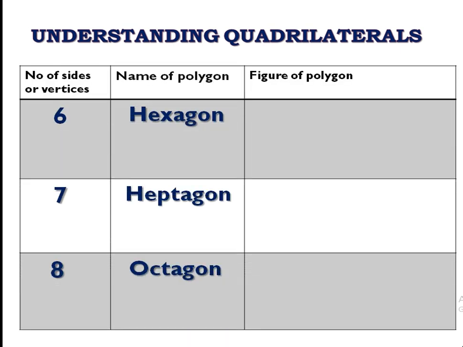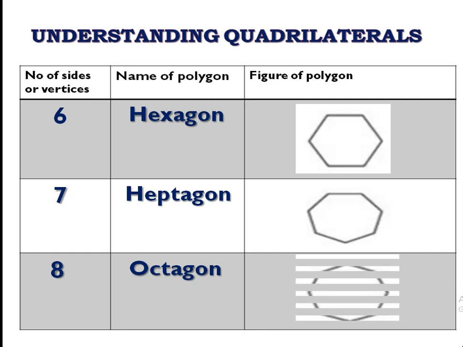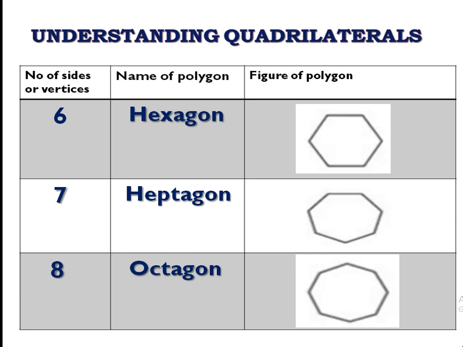Now, if the number of sides or vertices is 6, then the name of the polygon is hexagon. Here is the figure of the hexagon. If the number of sides or vertices is 7, then the name of the polygon is heptagon. Here see the figure. Okay students, right? Now, if the number is 8, then the name of the polygon is octagon. Here see the figure of the octagon.